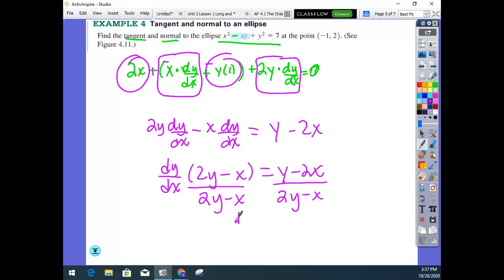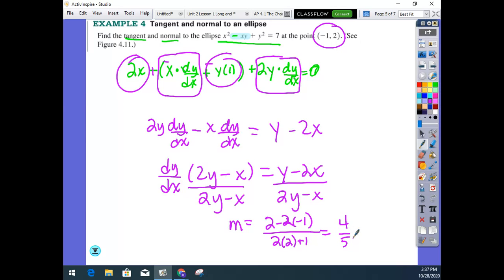So if I want to find the slope of my tangent line, now I'm just going to plug in my point, -1 for x, 2 for y. All right, so I get 2 plus 2 is 4, 2 plus 4 plus 1 is 5.